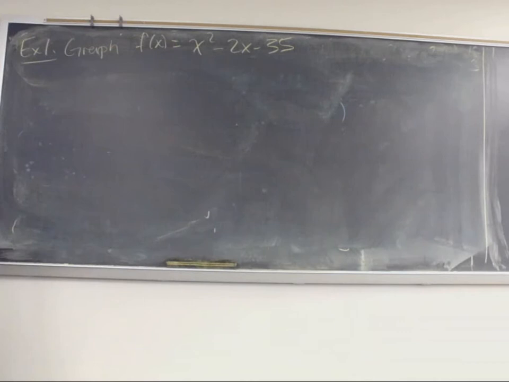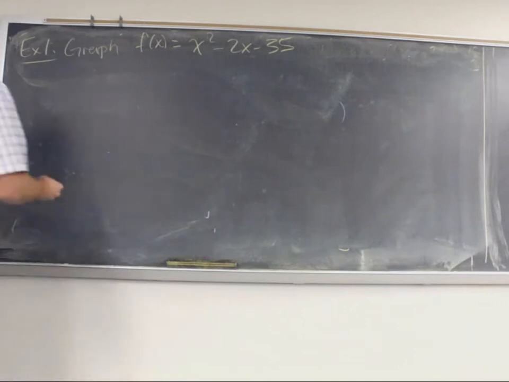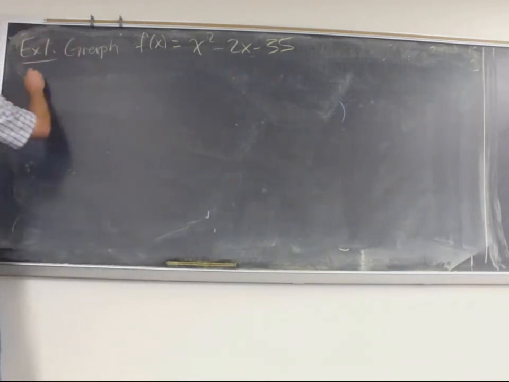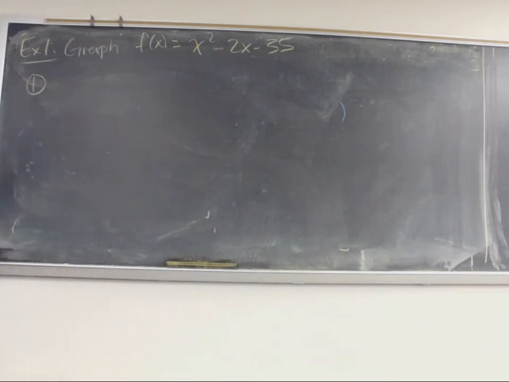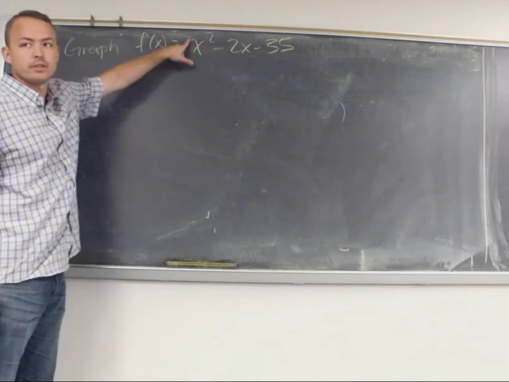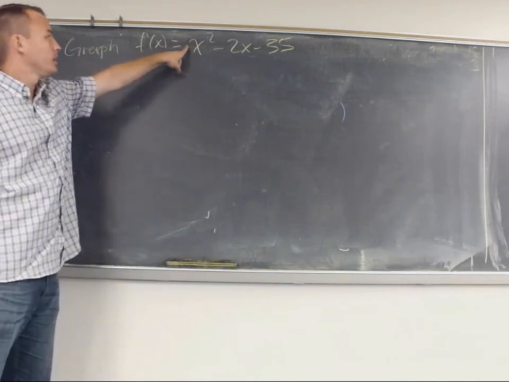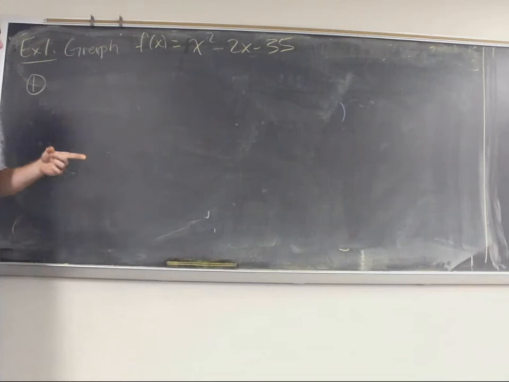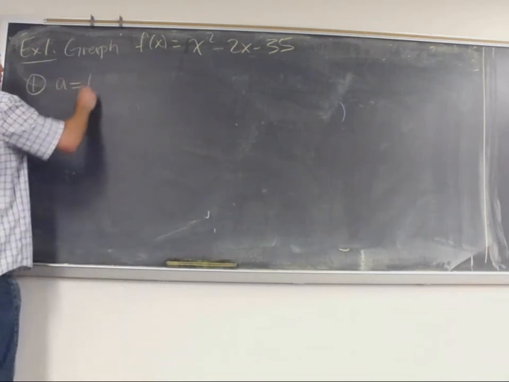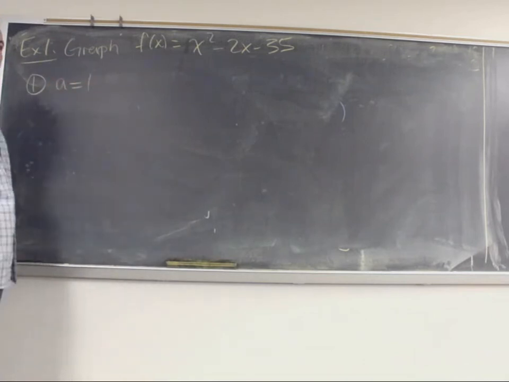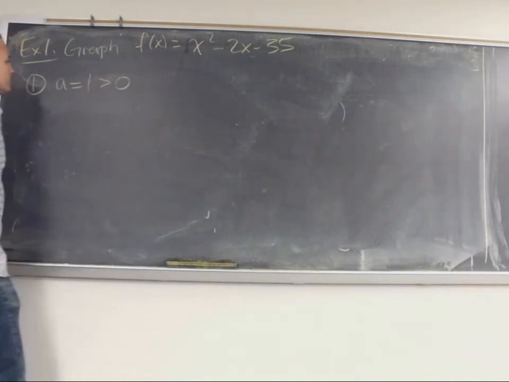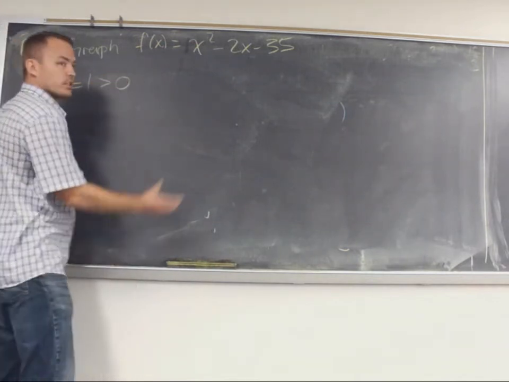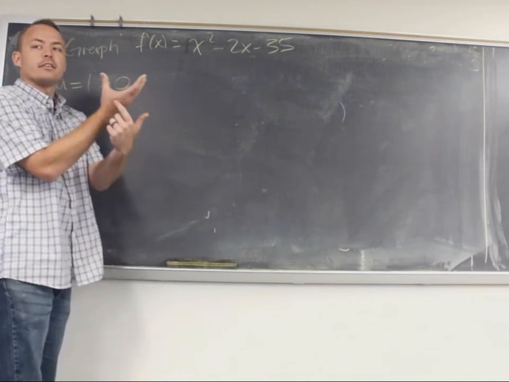And we're just going to follow the same steps that you just wrote down previously. So use that as a guide to help you if you need to. So number 1, we look at a. What is our a value here? It's the number attached to our x squared. It's the coefficient here. If there's nothing written, that means it's a 1. So we say a is equal to 1, and 1 is greater than 0. So that means it opens up, and we're going to have a minimum value.